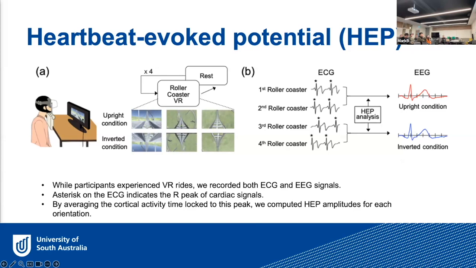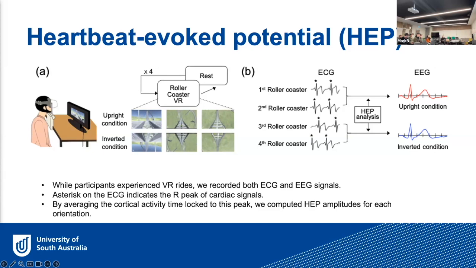So that's the setup of my experiment. What I showed is a roller coaster, 2 types of roller coaster, and the reason I use this is that I want to make sure the visual information on their retina, on their visual system, is fully the same, and the only difference is the level of cybersickness. The upright condition is supposed to make people more sick, and the inverted one makes people less sick.